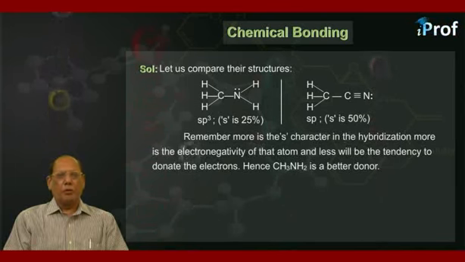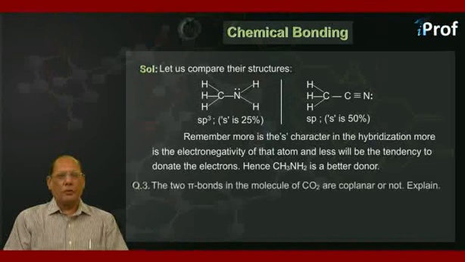Remember, the more the s character in the hybridization, the more the electronegativity of that atom, and the less will be the tendency to donate the electrons. Therefore, CH3NH2 is a better donor. Question number 4. The 2 pi bonds in the molecule of CO2 are coplanar or not?